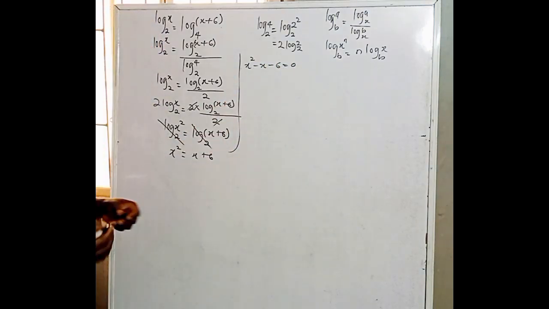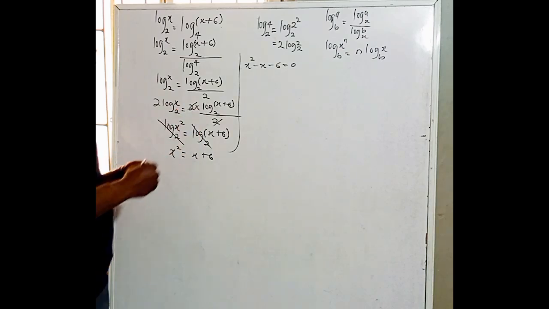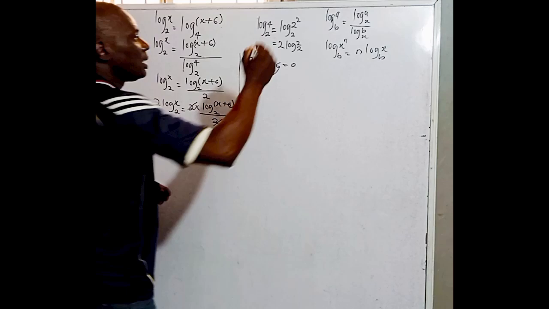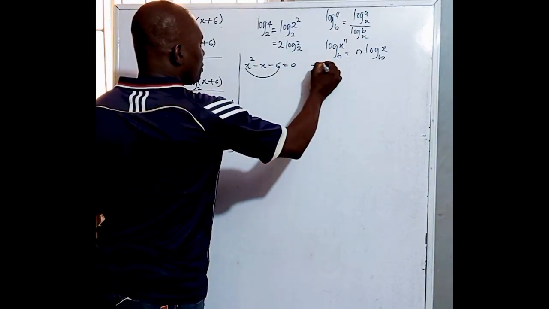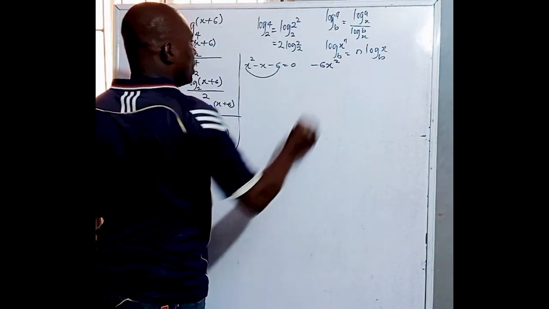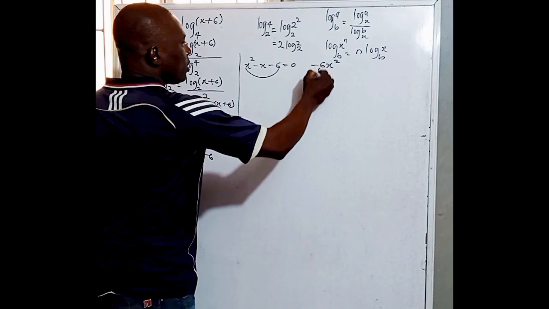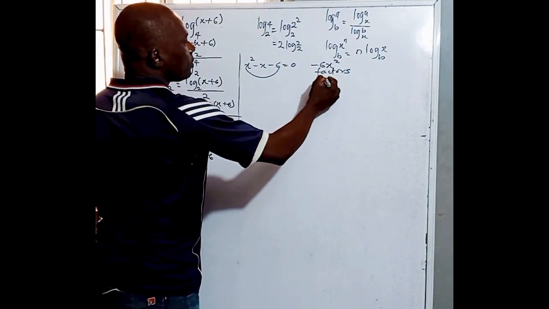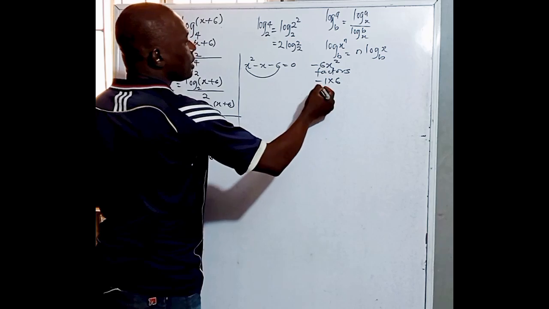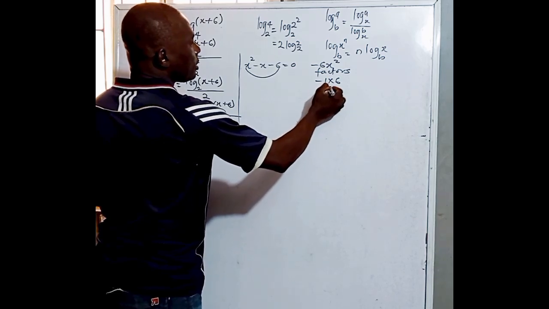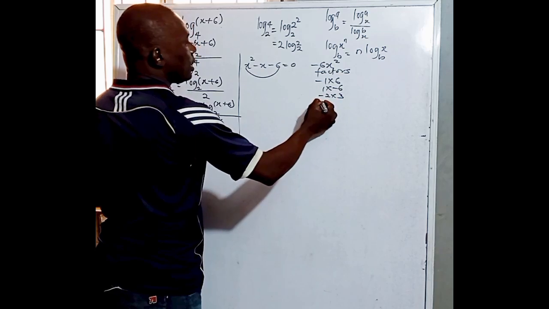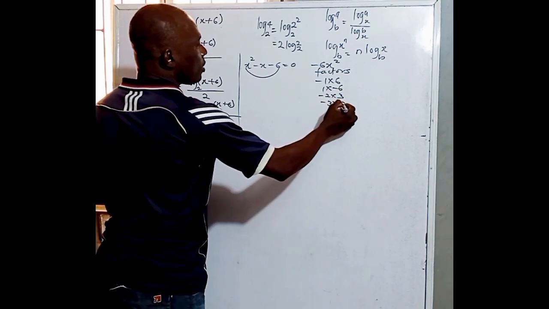This is a quadratic equation, which is also factorizable. So the first thing to do here is to multiply the term containing x squared by the constant term, and the result so obtained becomes negative 6x squared. Then all the factors of this are minus 1 times 6, 1 times minus 6, minus 2 times 3, or minus 3 times 2.